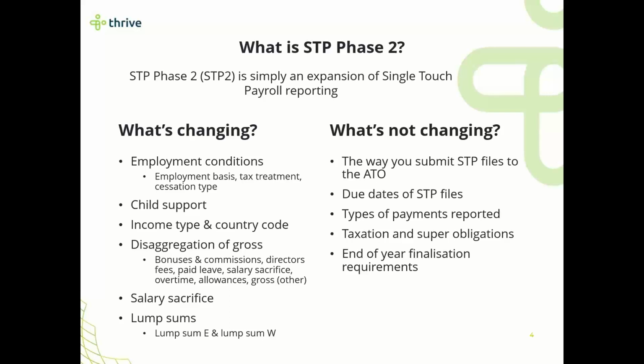Lump sums, there's some additional reporting around lump sum E. If you ever use that, you now have the ability to record a year against each one. And the whole idea is to reduce the amount of additional reporting that you do. The aim is to try and collect everything that you report to government agencies all in the one file.